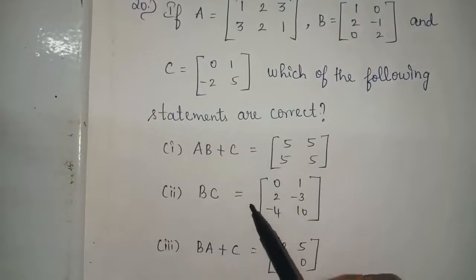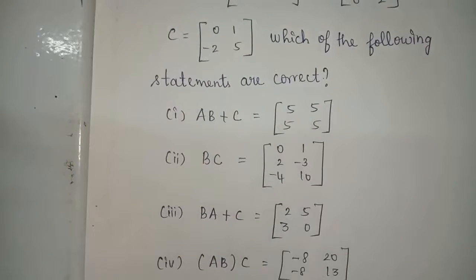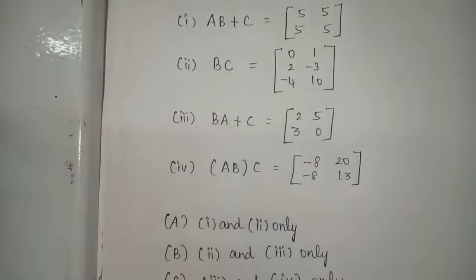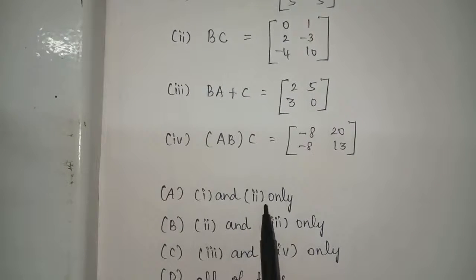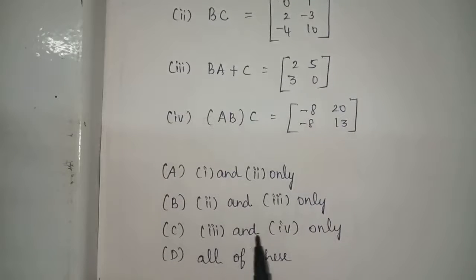Second subdivision, BC is equal to 0, 1, 2, minus 3, minus 4, 10. Third subdivision, BA plus C is equal to 2, 5, 3, 0. Fourth subdivision, AB into C is equal to minus 8, 20, minus 8, 13. So the options are option A, 1 and 2 only. Option B, 2 and 3 only. Option C, 3 and 4 only. Option D is all of these.